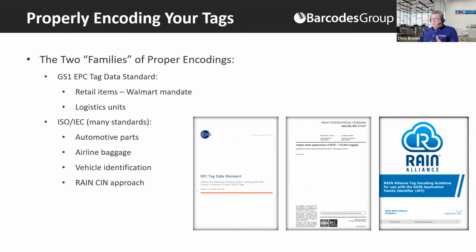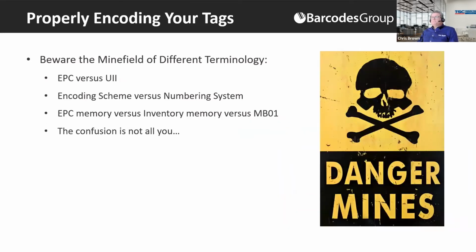Vehicle identification would be like with my automotive tolling system. And they have a new one that they call the RAIN CIN approach, which I'll talk a little bit more about later. But the key message here is that two basic families of proper encodings exist out in the market. Next slide, please.